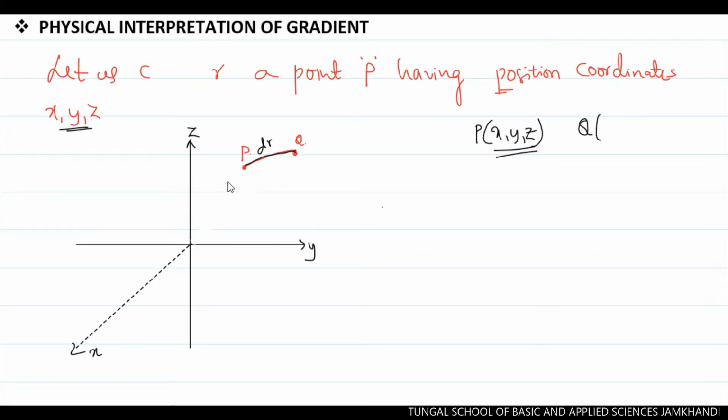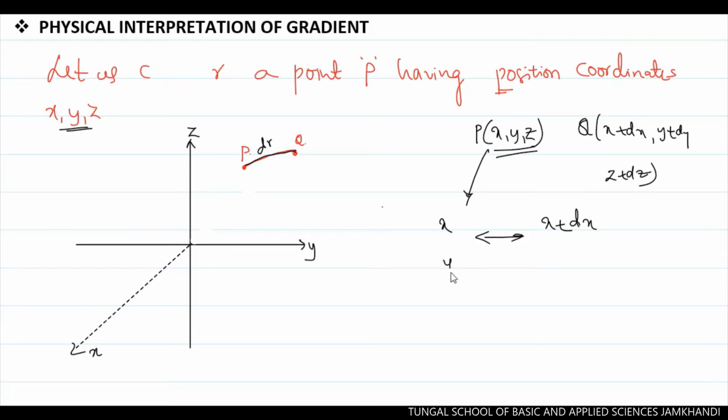Here the position coordinates for Q I will now define as x plus dx, then y plus dy, and z plus dz, because it is very near to P. Because P is defined with x, Q should be x plus dx, so there is a small change in their positions.